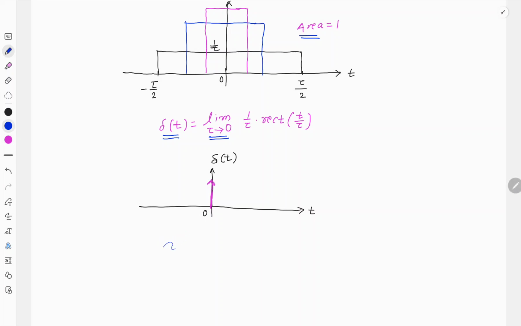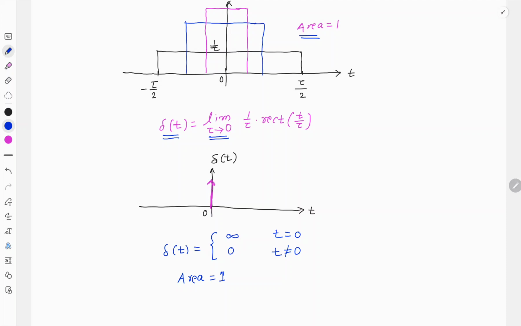Therefore, this impulse function delta(t) can be represented as: this signal will have amplitude infinity at t equal to 0 and 0 for t not equal to 0, or you may mention it as otherwise. But remember here, this signal will always have area equal to 1. So this equation completes the definition for impulse function.